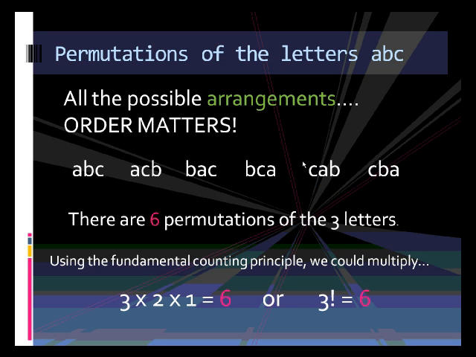This is not written on your paper, so make sure you're following along and writing down what you need to write. Three letters, the number of arrangements of all the letters would be 3 factorial, or 3 times 2 times 1.